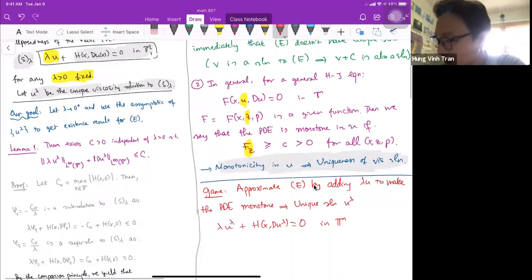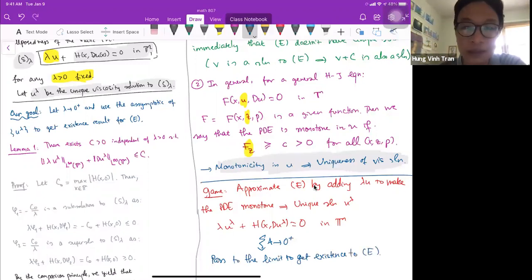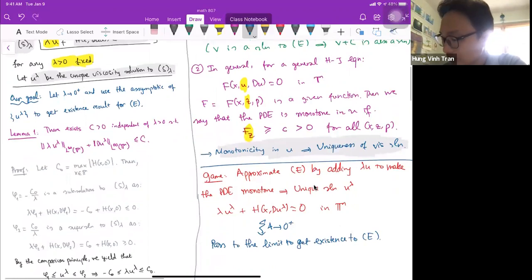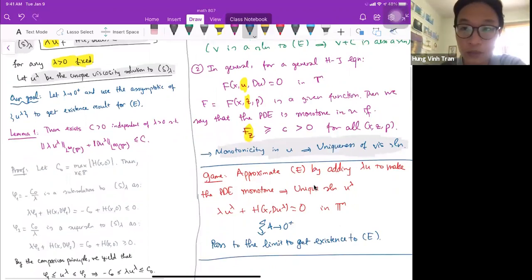Then we would try to pass to the limit as lambda goes to 0 plus to get existence to E. Again, that's nothing extraordinary, but it's very natural, and you need to have a good framework to put things through.